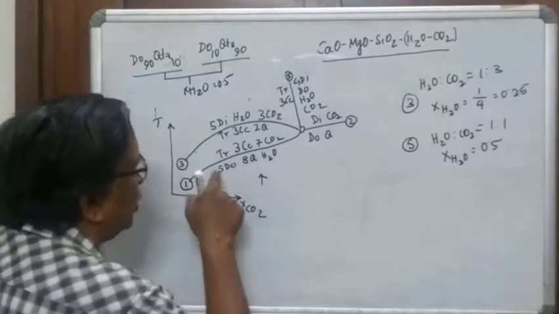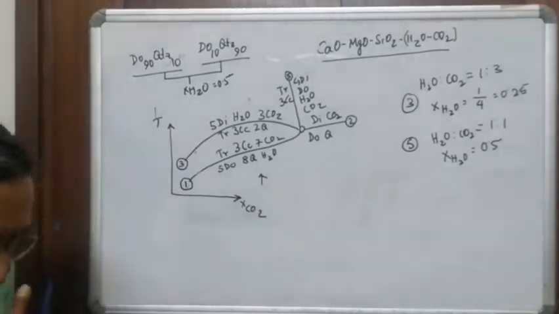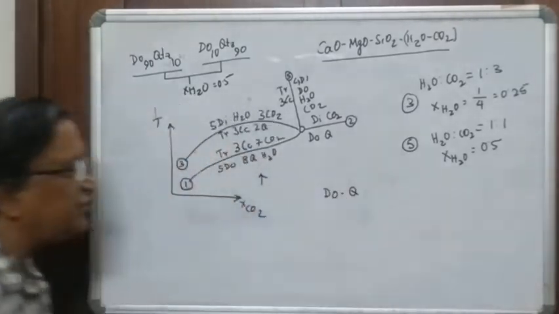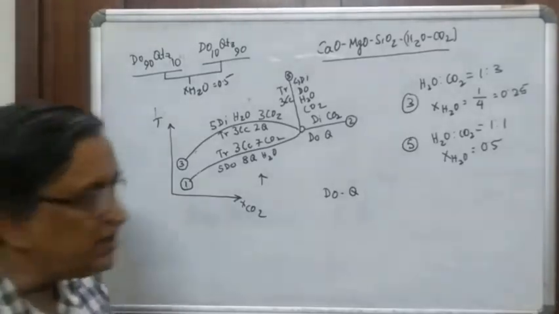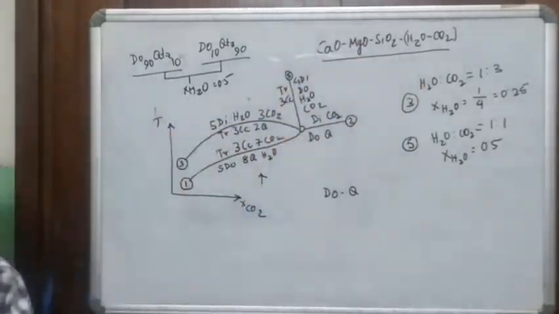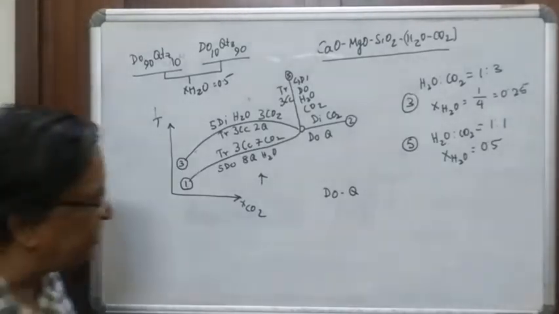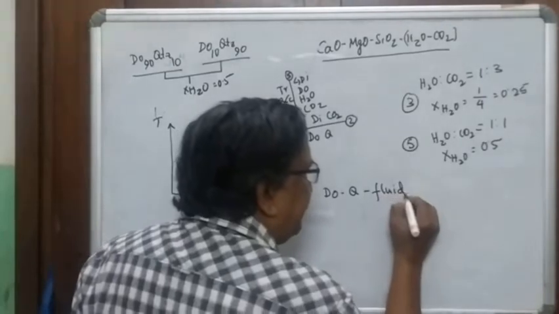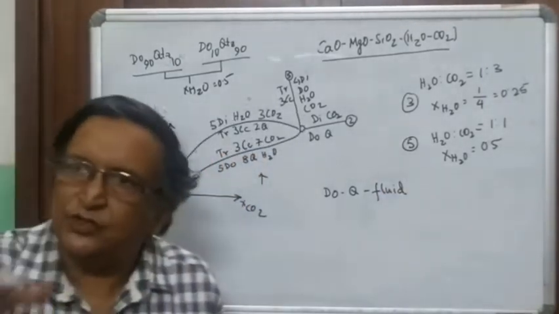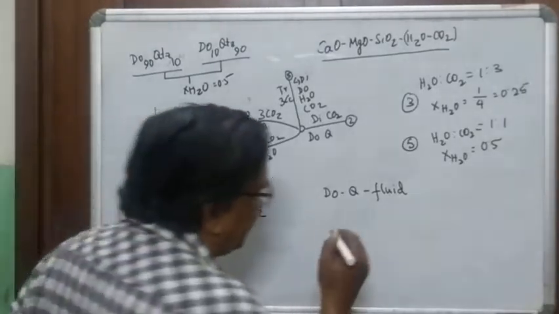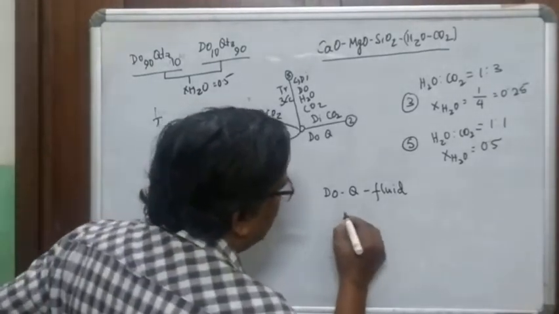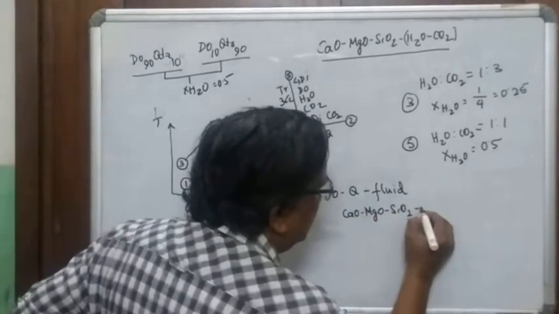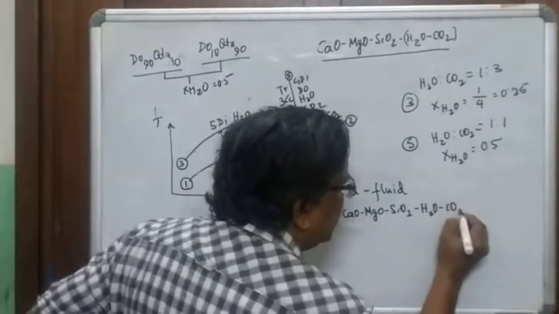So, if you start with dolomite and quartz, now you see here, according to this diagram, what is my variance? You have a fluid. This by definition is there because H2O plus CO2 is equal to 1. So, what are the components here? You can see the components: CaO, MgO, SiO2, H2O, and CO2.